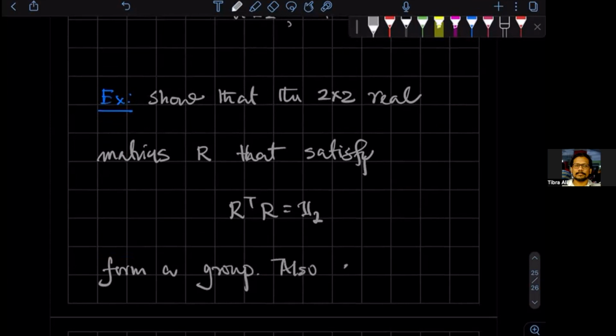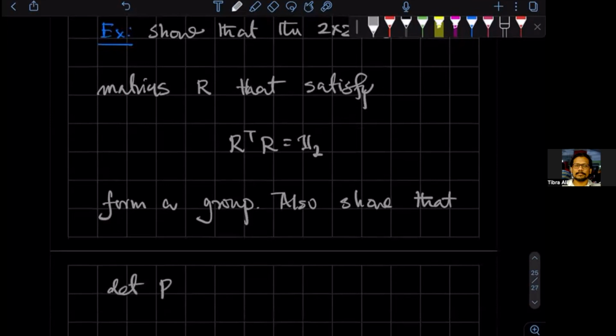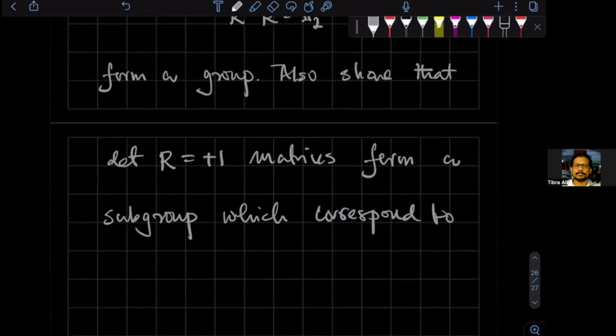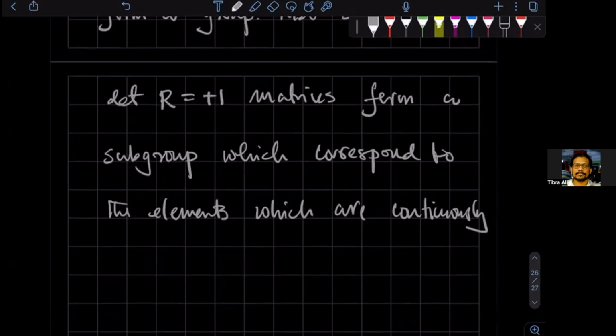Also, to show that determinant of R equals +1 matrices form a subgroup, which corresponds to the elements which are continuously connected to the identity.